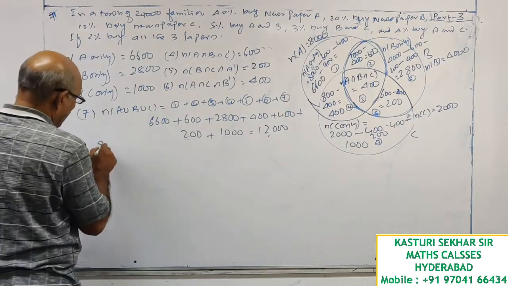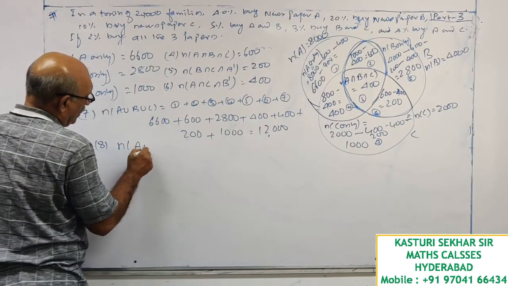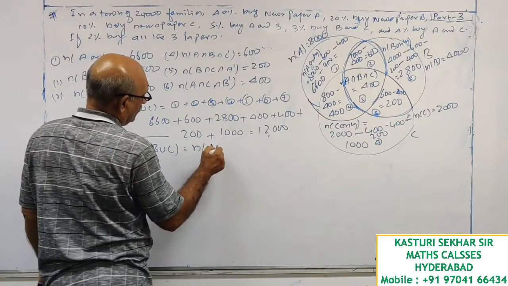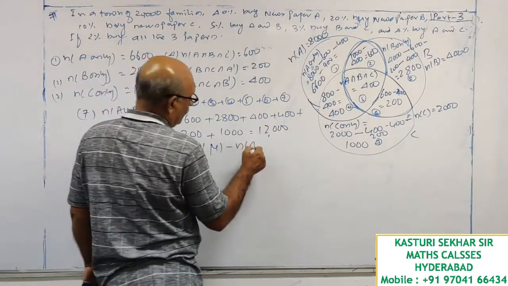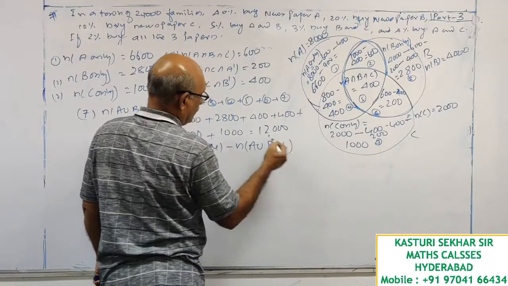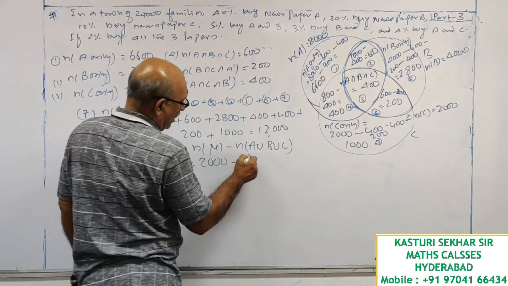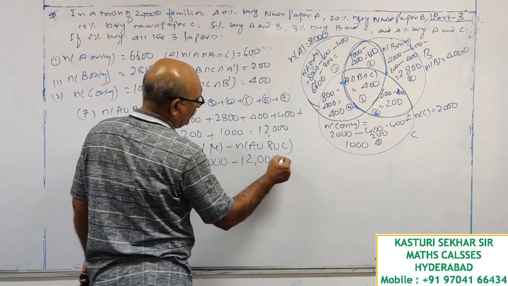Now none, eighth question: A union B union C complement. This is 20,000 minus 12,000, which is 8,000.